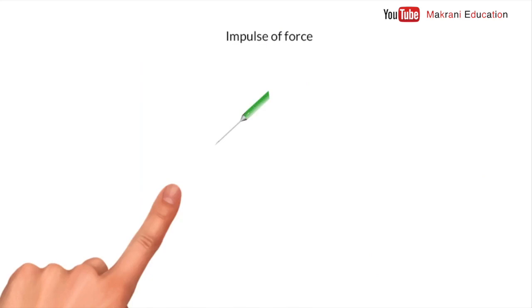Let us understand what is impulse of force. Impulse of force has a simple formula, that is force applied multiplied by time for which it is applied. It means impulse of force depends on two things, one is force and another is time.